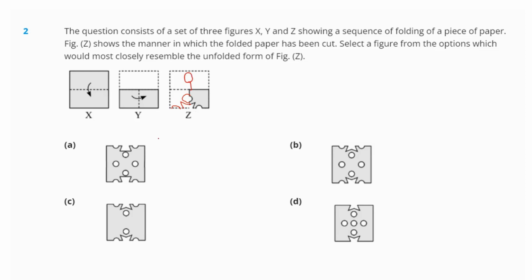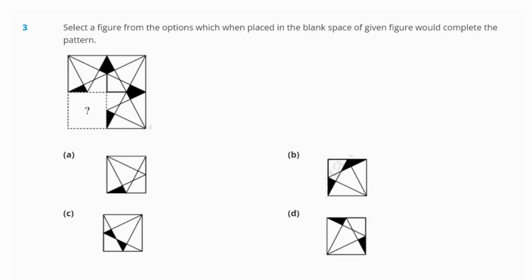Again, this. You can see that there are two complete circle here. So this will not be our answer. This will also not be our answer. This will also not be our answer. This is a correct answer. If you want to complete it, you can complete it this way. Four semicircles are there. So answer C is a correct answer. Moving on to the next question.